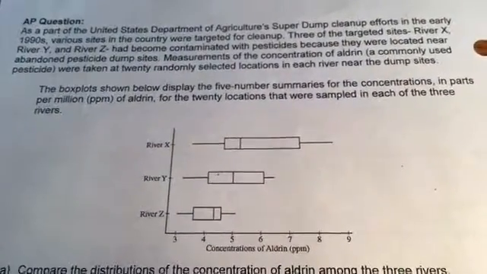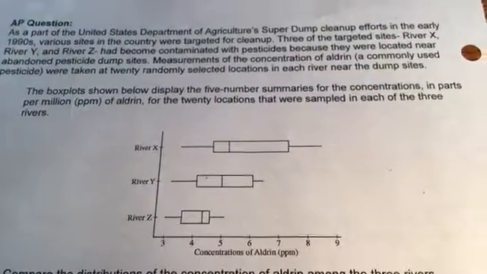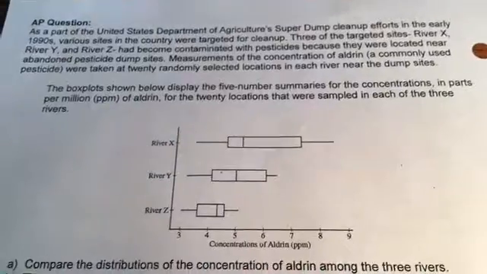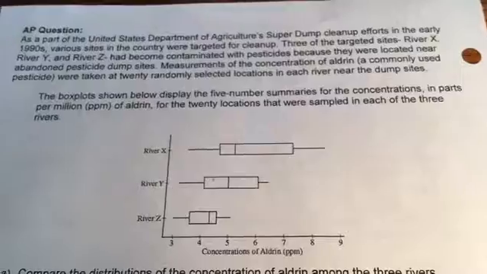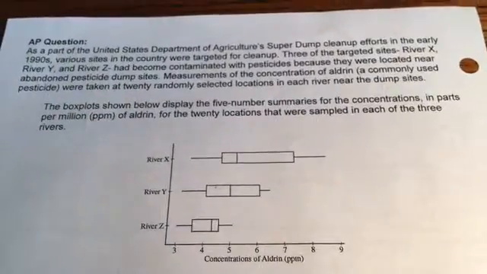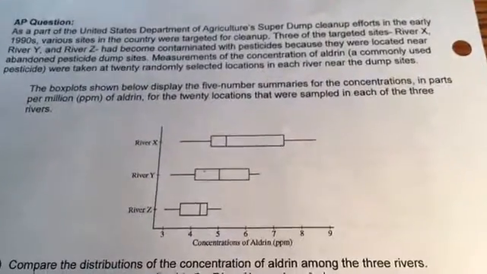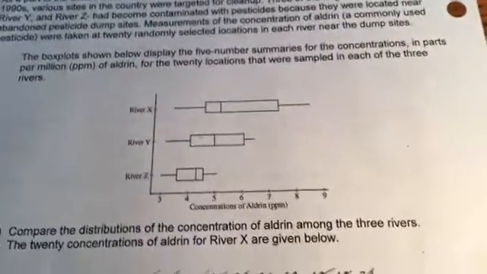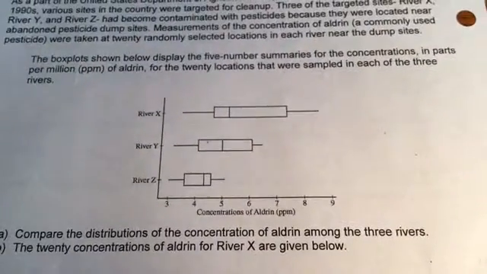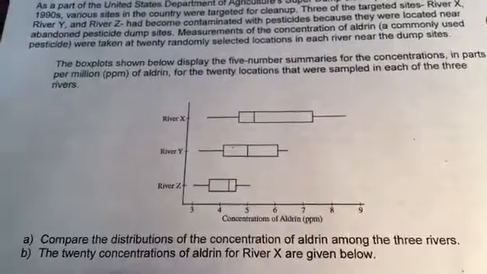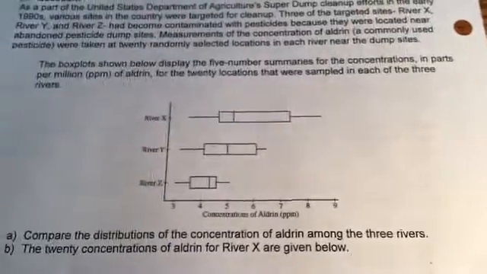For their centers, the center of X and Y look like they are about the same, and they are both higher than the median of River Z. So when doing a comparison of distributions, it's important that you directly use comparison words like this is larger than this, these are about the same, rather than just giving the different values.